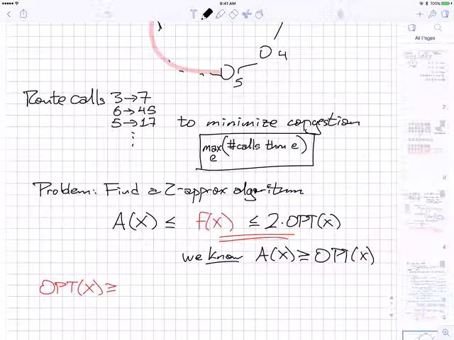Yeah. You can add all of the shortest paths for all of the calls, then divide by n. Oh, okay. So this is at least the average.